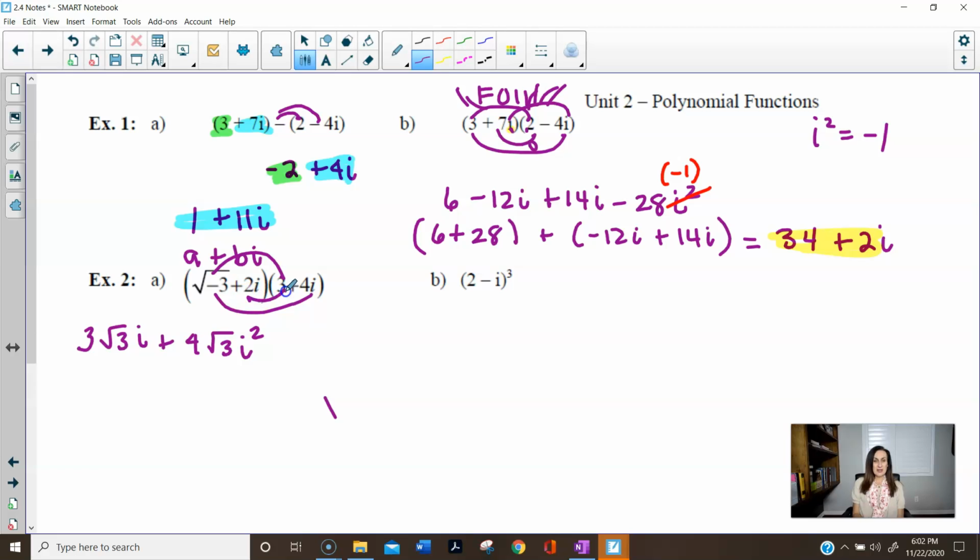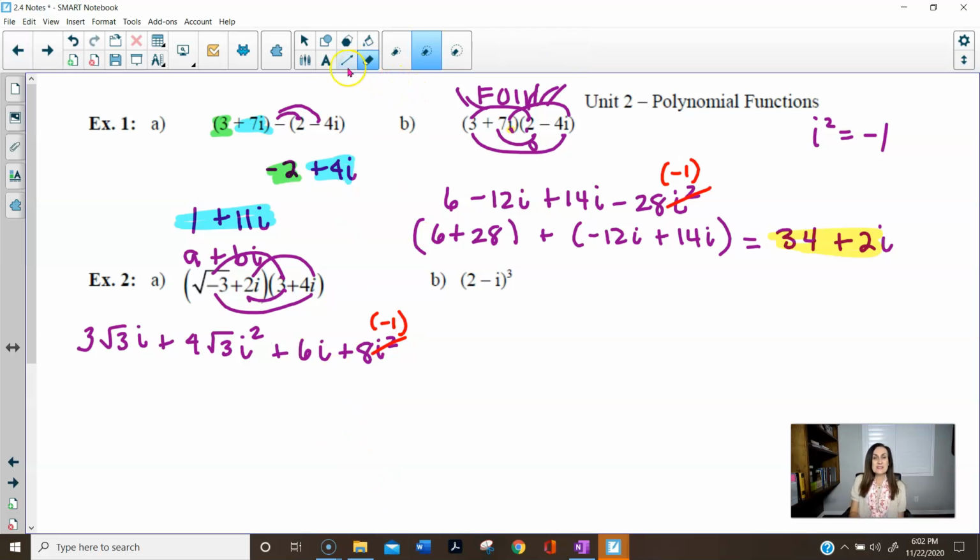Then I'm going to do inner, so that's plus 6I, and then last times last. So 2 times 4 is 8, and I times I is I squared. And that I squared is going to get replaced with 8 times -1 instead.